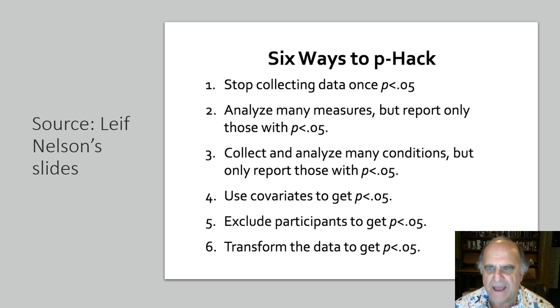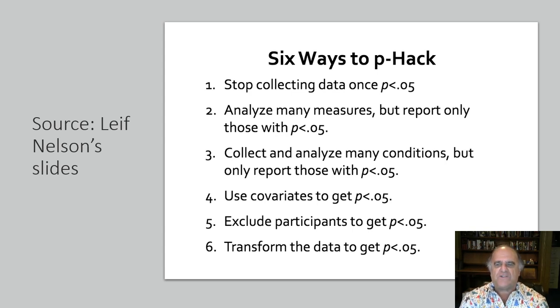I often combine them. Again, some of the ways you can p-hack: stop collecting data once you reach a p of less than 0.05, analyze many measures but report only those with p less than 0.05, collect and analyze many conditions but only report those with p less than 0.05. Use covariates. This is a very common one. I think you can insert the words control variables there.